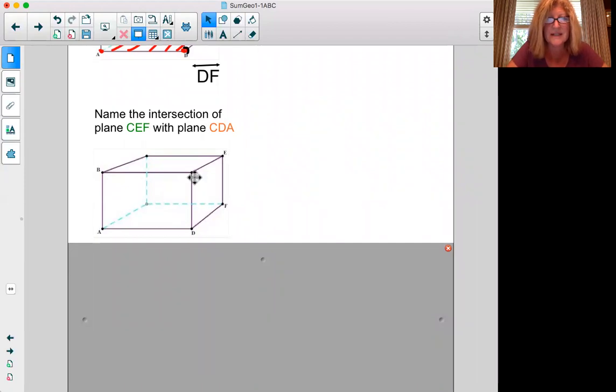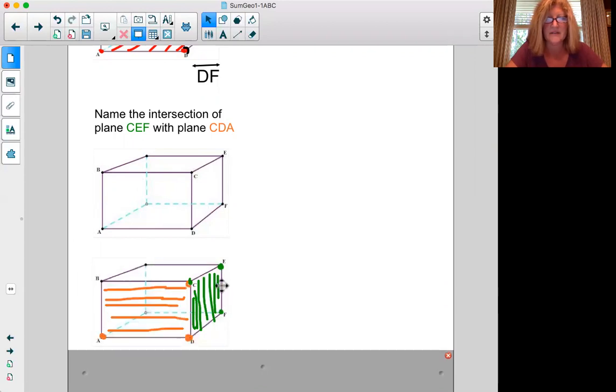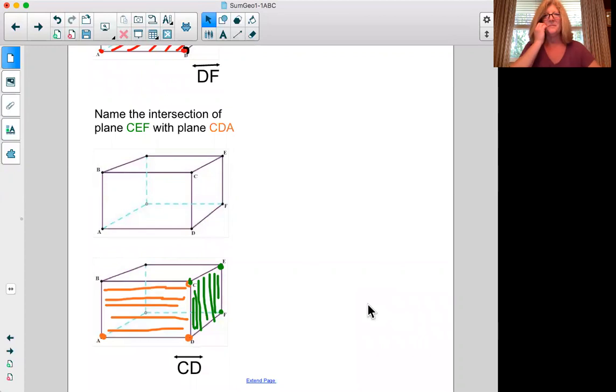So CEF is this side, and CDA is the front, and the side and the front intersect in this edge right here. But because the sides represent planes, the intersection of the planes is a line.